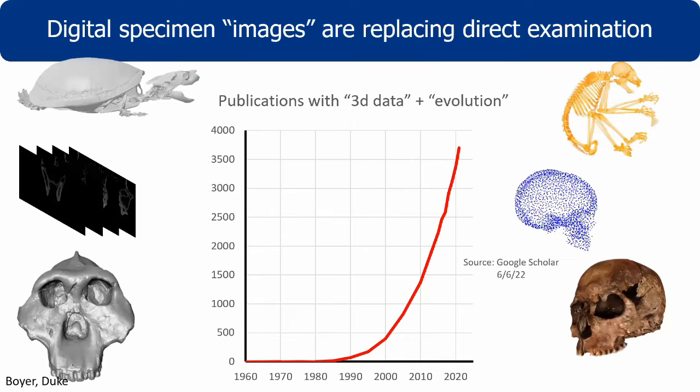This fact can actually be easy to forget, as examination of 3D data rather than physical specimens has rapidly become status quo for research into morphological evolution in the last couple of decades. But the connection of morphometric data sets to museum specimens is really a primary consideration in solving the data access issues, and will be a theme in this talk.